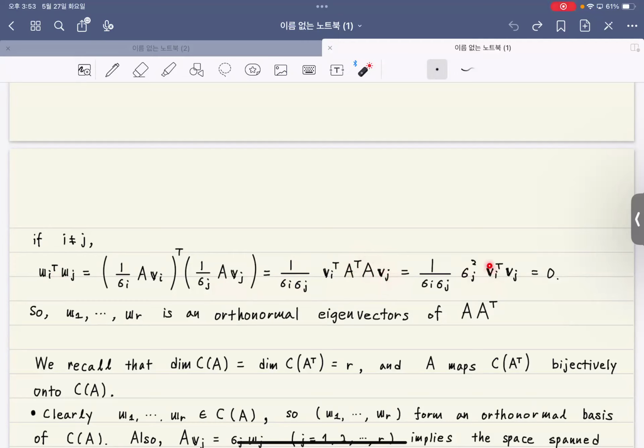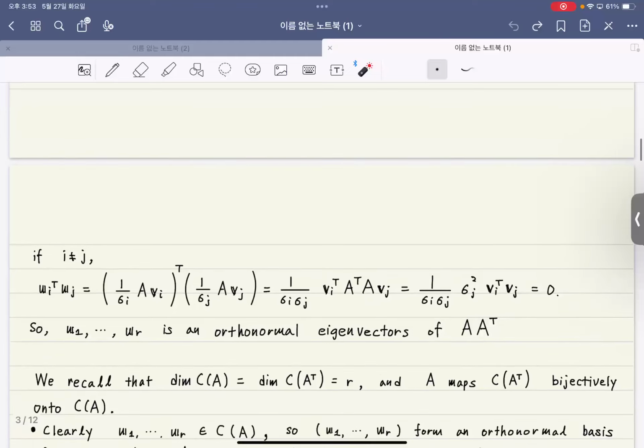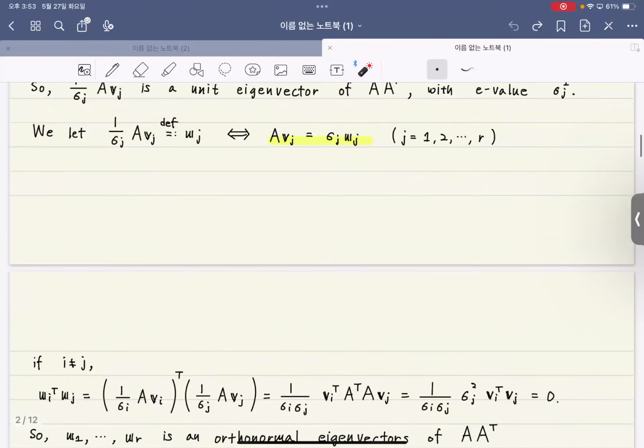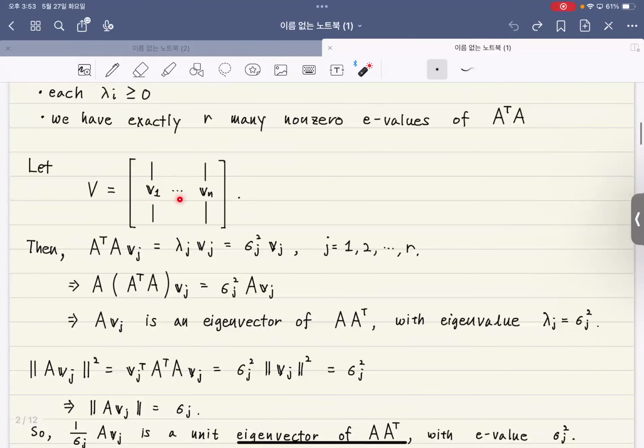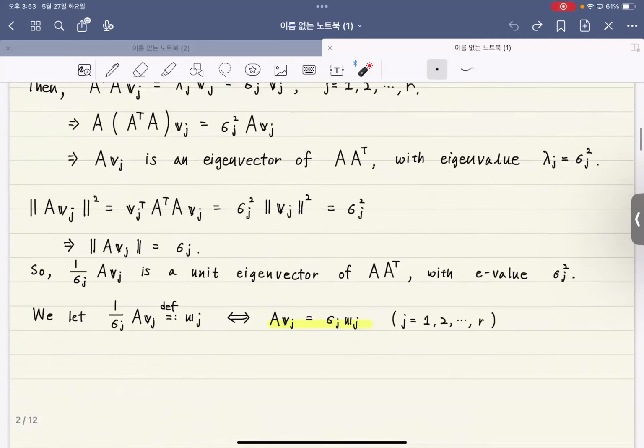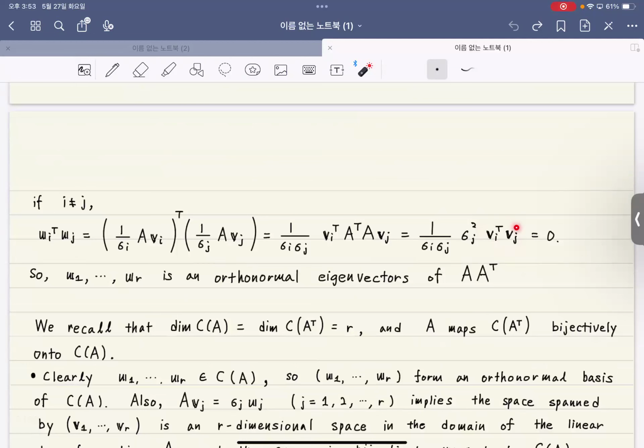But you know what? Here we have Vi transpose Vj, which is 0, right? Because we are assuming the indices are different, and these eigenvectors Vi and Vj were chosen as orthonormal vectors. So taking the inner product of two different eigenvectors, we must have 0.